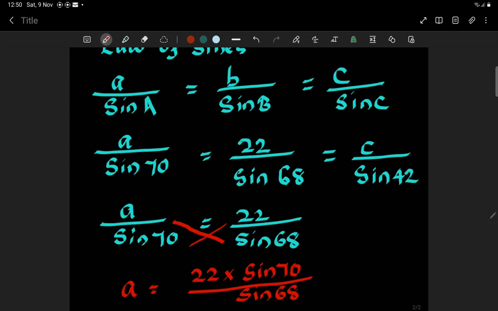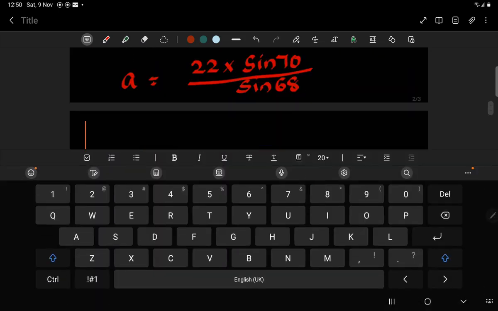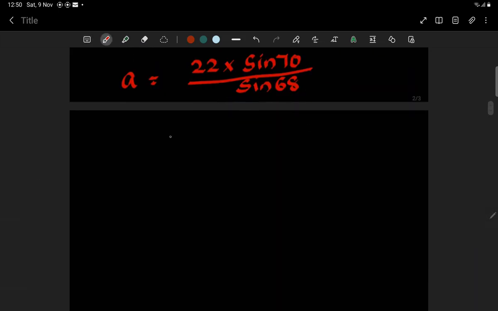Using a calculator, find the answer. 22 multiplied by sine 70. Sine 70 is 0.9396.